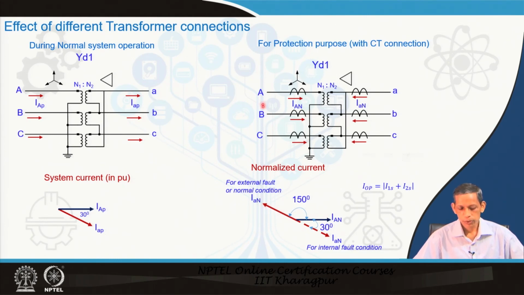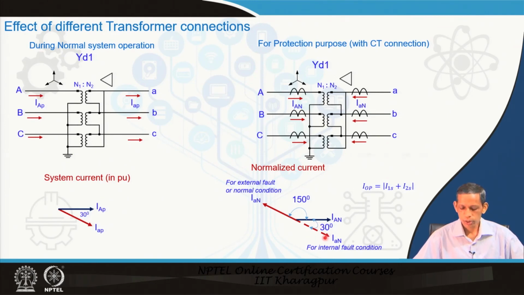So, with respect to the high voltage side current, the low voltage current will be making an angle of 150 degree, and this is on the CT secondary side for normal or external fault condition. But for internal fault conditions, the current direction will be reversed, and it will be making 30 degree to the high voltage side current.